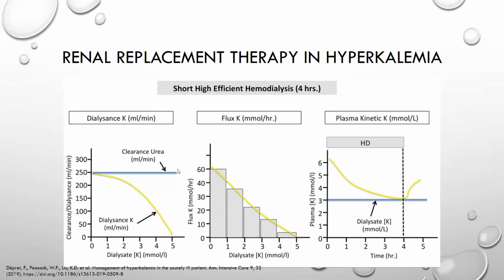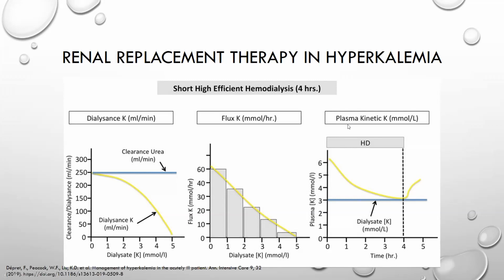Remember, there is no urea in the dialysate bath, so it's going to be a constant. So we use this to compare it to dialysis of potassium. When we have a 0K potassium bath, which we don't use here, our lowest goes to 2, it obviously equals that clearance of urea because they're both very small molecules, highly efficient taking it out. You can see that in milliliters per minute, it's quite high. Okay, this is your flux of potassium, again, by different baths.